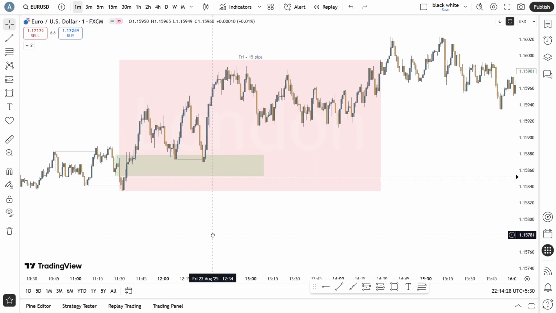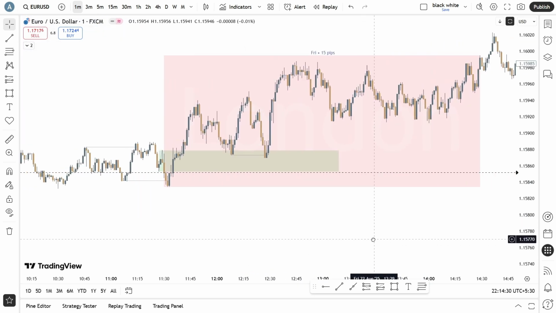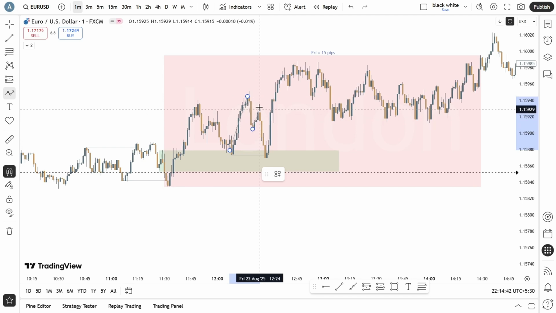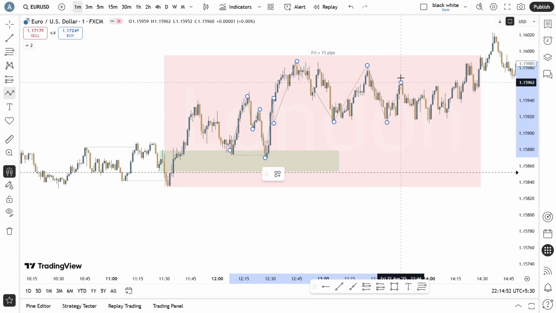And not only that, let's see the second situation. The price moved higher, took the liquidity of this high, we went down, and then the price broke this high. And then the price was reluctant to go any lower, rather, it took the liquidity of all the lows it accumulated here.